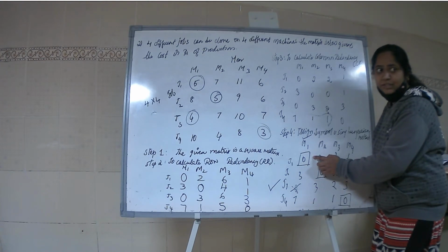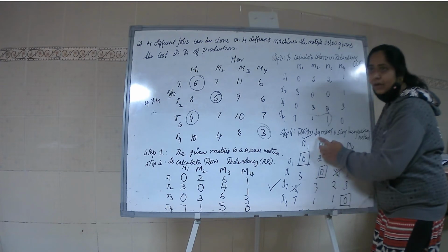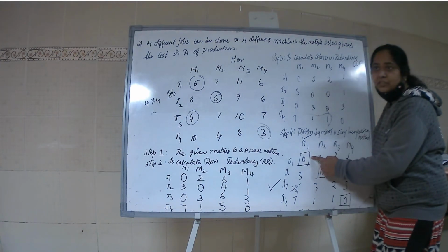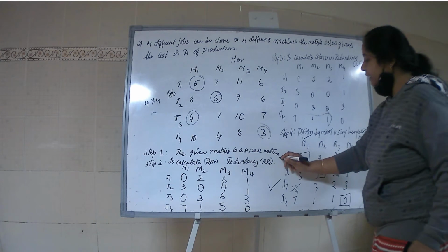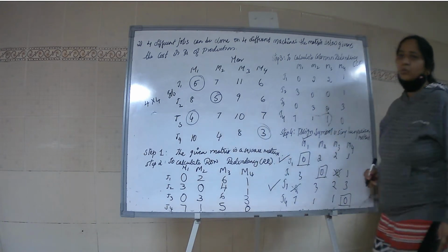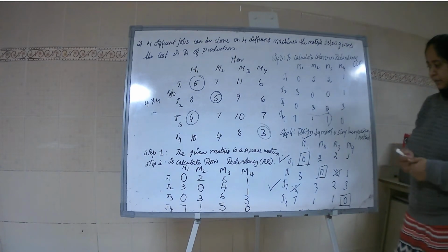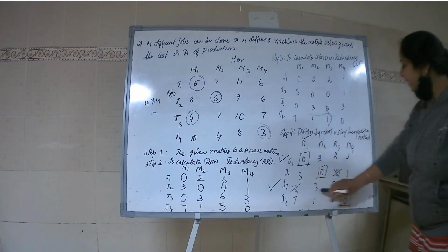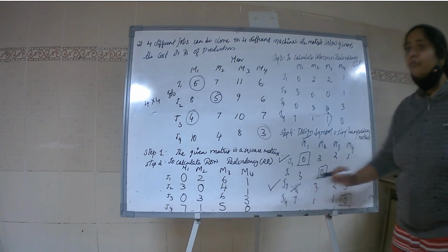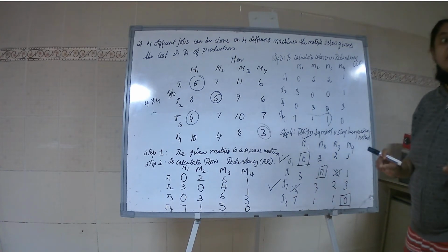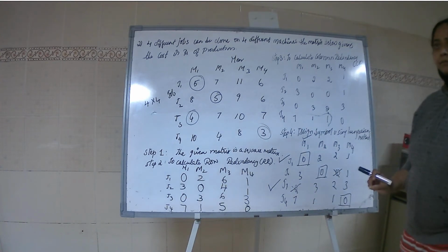In M1 column you have assignment where? J1. So tick that row. Again I will repeat the same point, students. Remember, you have to check the row where you don't have assignment.